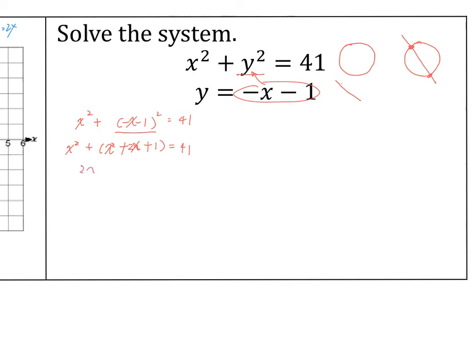And then we have 2x squared plus 2x and then minus 40, which equals 0. And then x squared plus x minus 20 equals 0. And now you can factor.